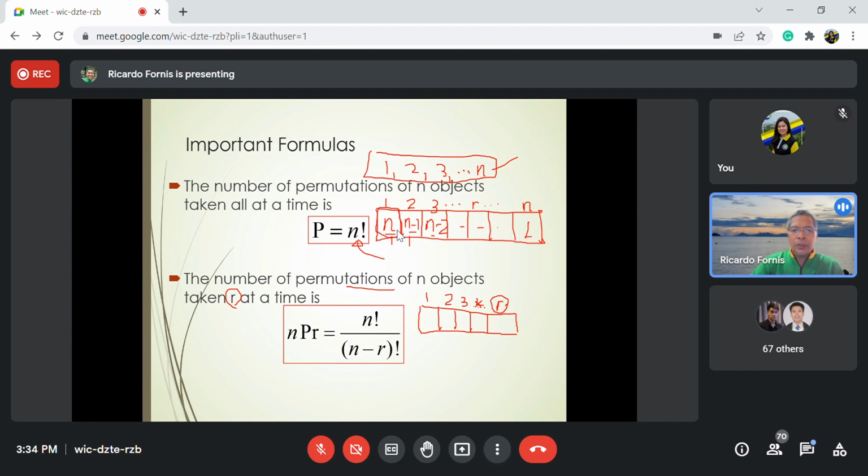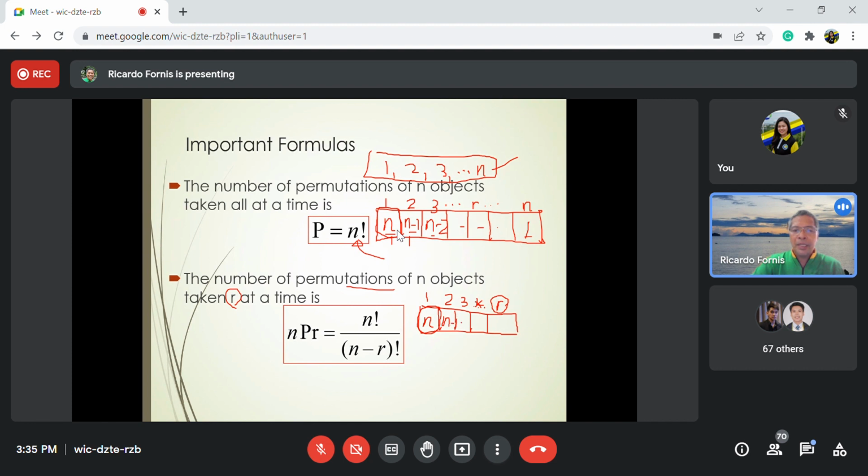So going back to the question, how many ways could you fill up box number 1? Obviously, since there are n objects from the list of choices, we could possibly assign n objects in box number 1. The same explanation for the second box, we have n minus 1.